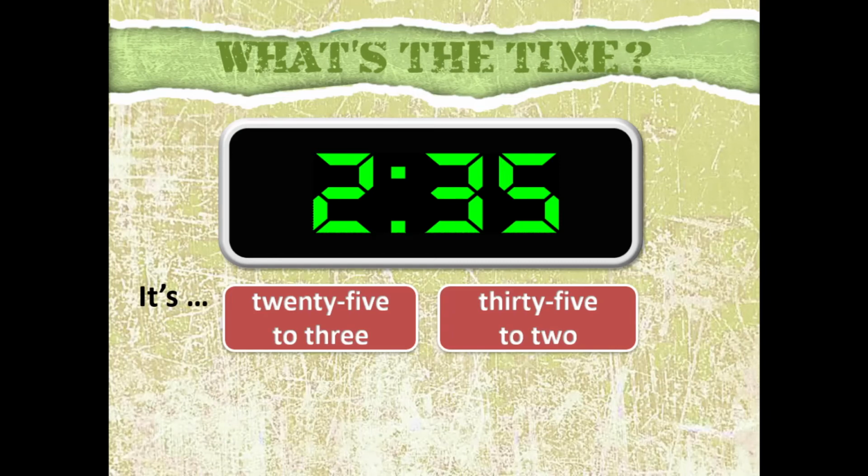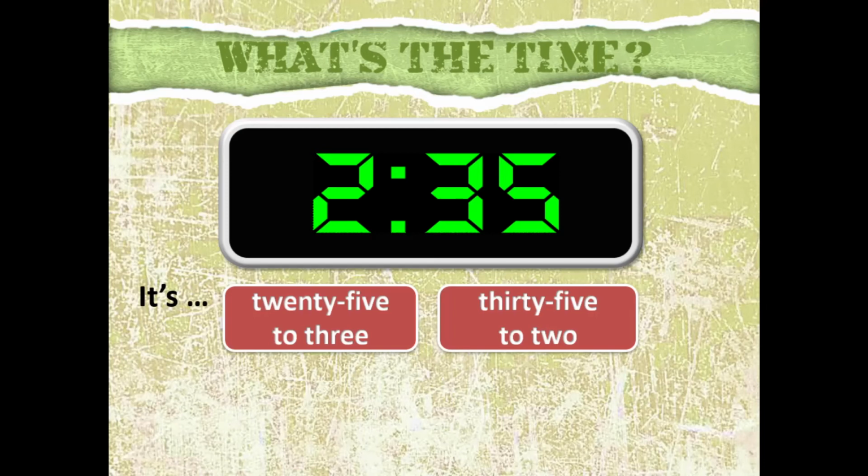Now, what's going to happen here is you have the time and you have to tell me which one is correct. So, what I would like to ask you is to get a piece of paper, write the date, write the title, which is what's the time.